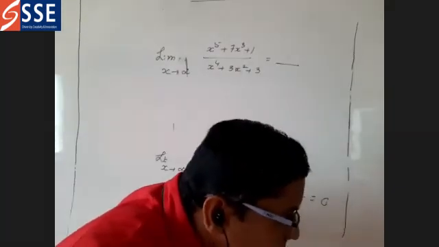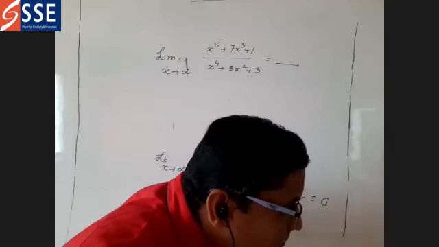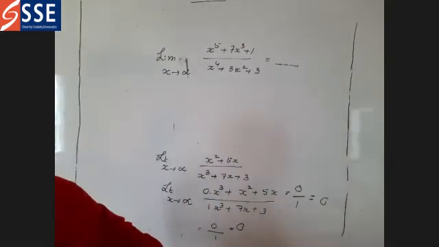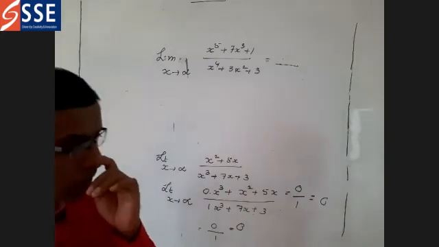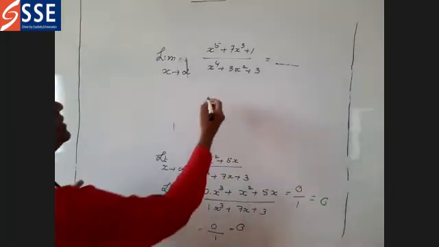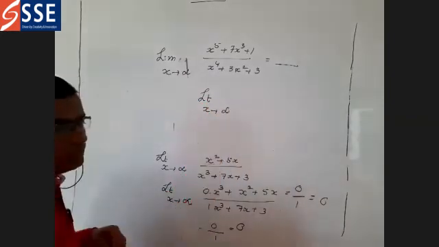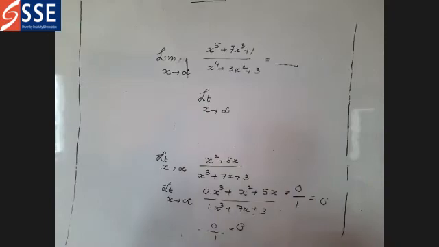Can any one of you give the answer for this? Good. Infinity is the answer, not 0 or 1. Why? Because, see here, listen, those who wrote 1 as the answer, that is wrong. Infinity is the answer.